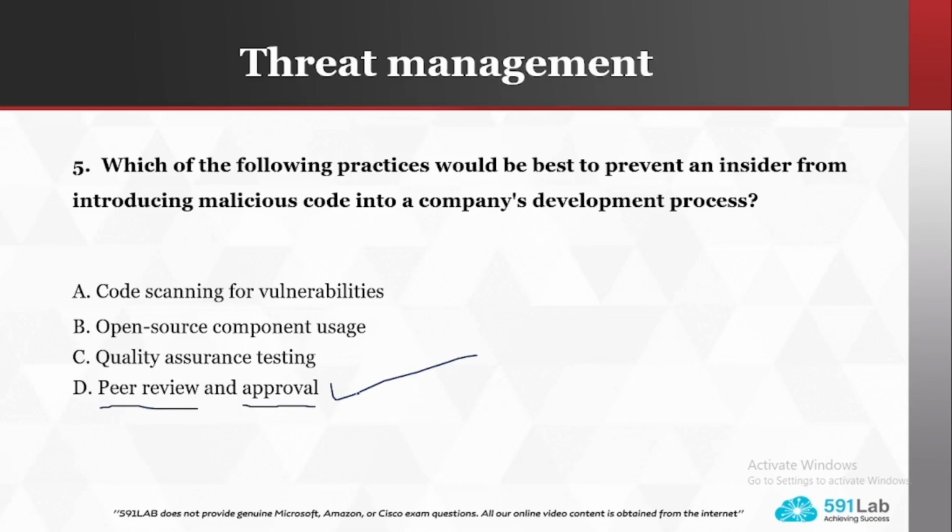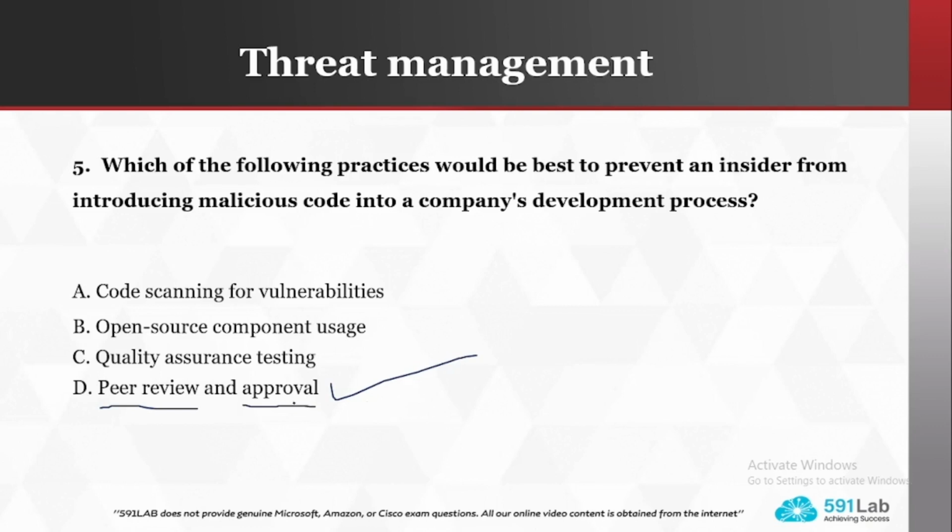Why peer review and approval is the most effective practice to prevent insider threats is because they have multiple eyes on code, while reviewing it requires other developer to examine code changes thoroughly before they are integrated into the code base. This increases the likelihood of spotting malicious code, as it's less likely that multiple developers would collude to introduce vulnerability.